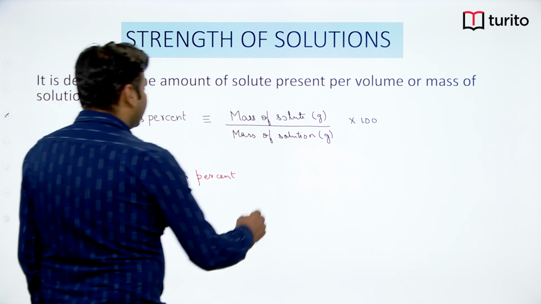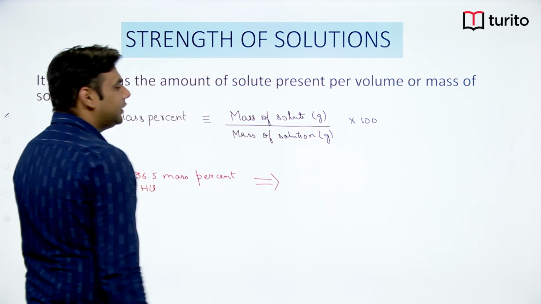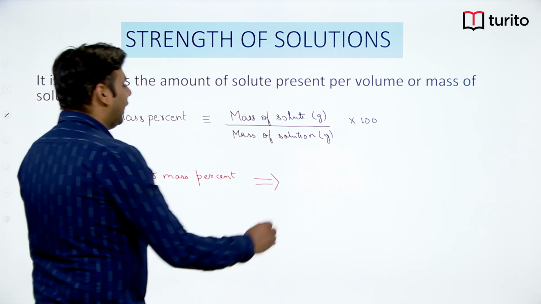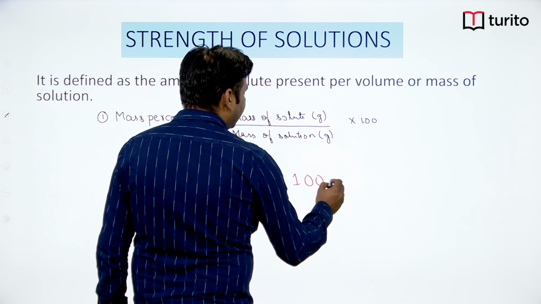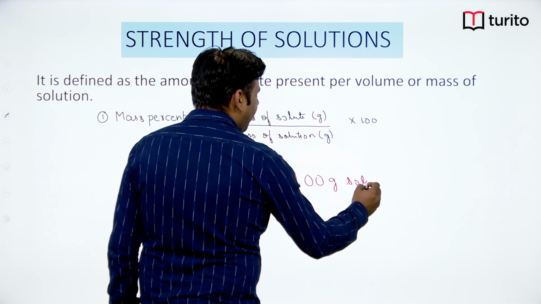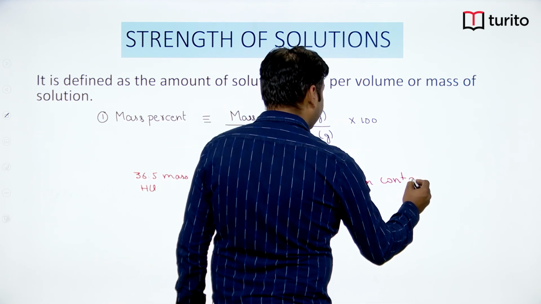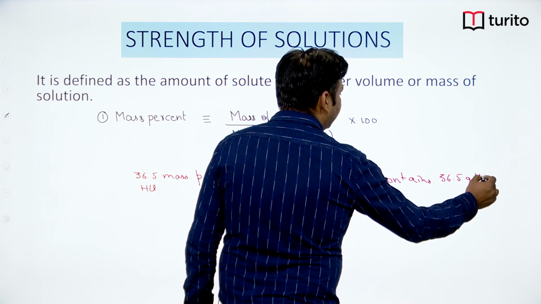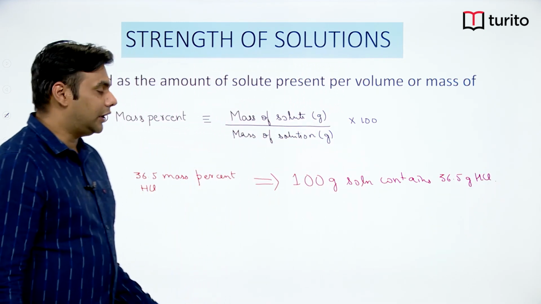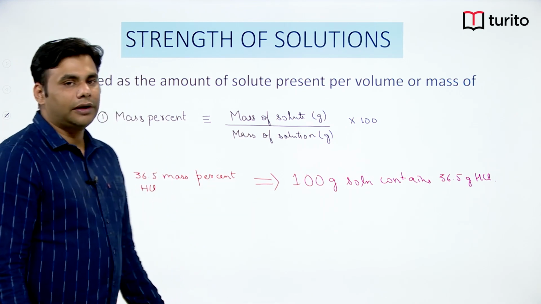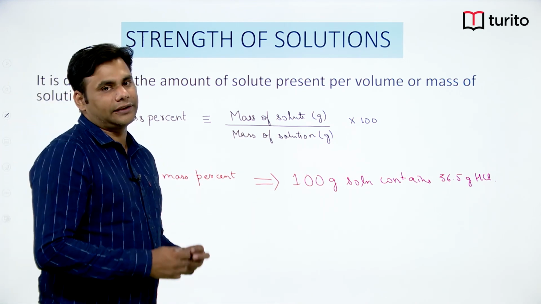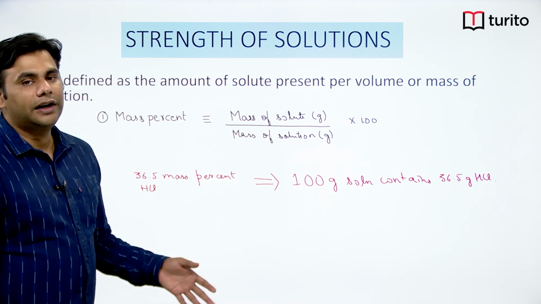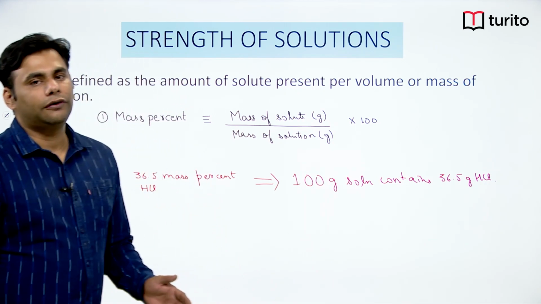We'll just decode this information: in 100 grams of solution we were having 36.5 grams of HCl. So whenever mass percent is written, we just decipher that concept and write it in terms of text. So 36.5 mass percent HCl means in a 100 gram solution we have mixed 36.5 grams of HCl.